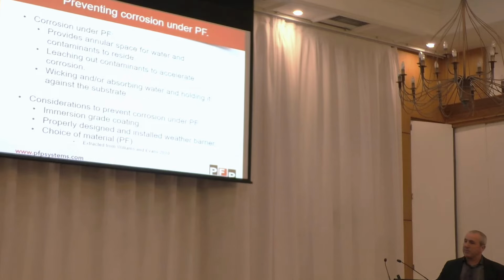So how do we prevent it? Well, first of all, let's understand what it is. As you can appreciate, we want to prevent an annulus space for water or contaminants to reside. We don't want any contaminants from the passive fire system to damage the coating or influence the coating in a negative way. And also we don't want the system to wick or absorb water.